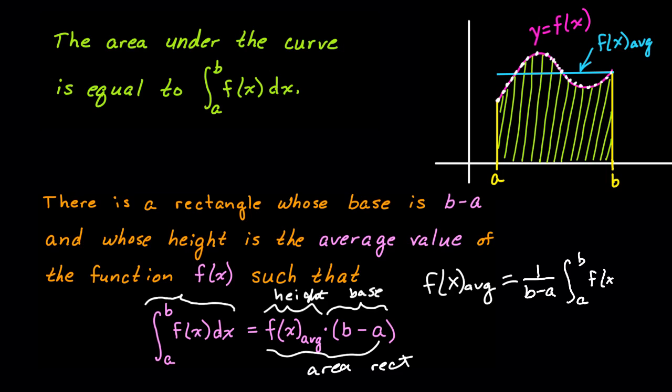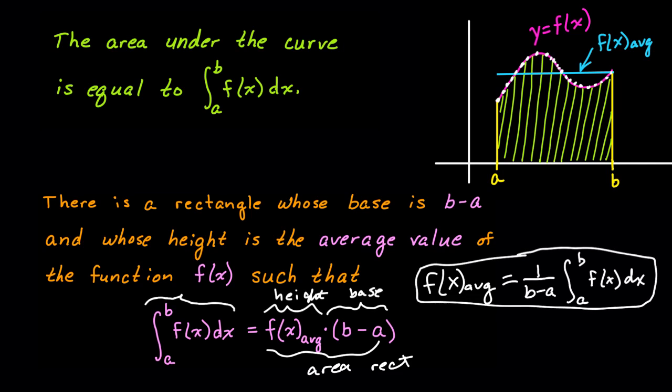This is how you're usually going to see it. You usually don't see it as a division problem. So this is equal to your average value of your function. This is what you're going to be implementing. This you need to make sure that you memorize.